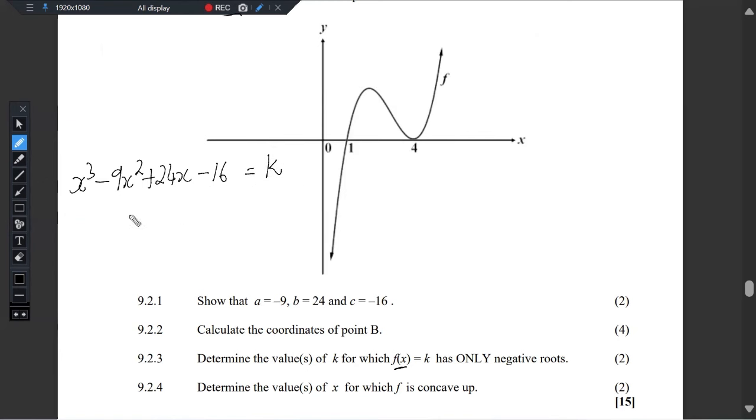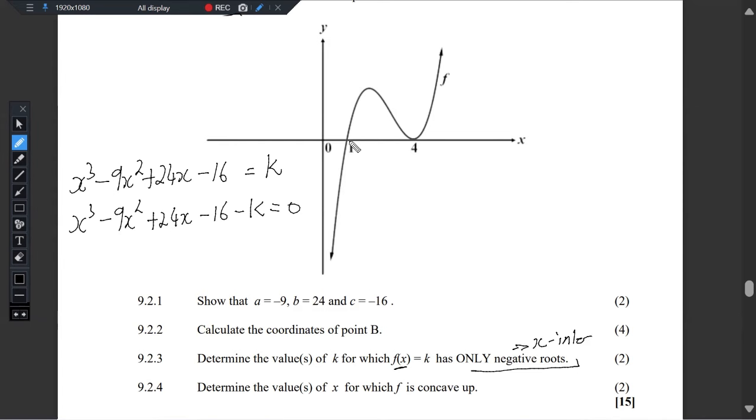So if we want to write this in standard form, we need to bring the k over, and then that's minus 16 minus k equals 0.